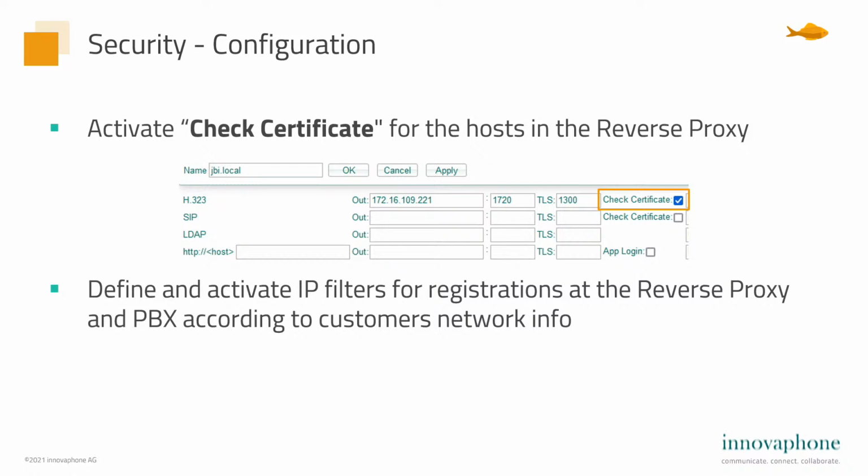It's important that you check it, because if you don't check it on the reverse proxy, but you check assume TLS on the PBX, all of the devices will have unchecked access to your PBX, because on the reverse proxy the authentication is not checked, and also on the PBX it is not checked, because the certificate from the reverse proxy to the PBX is always the same. It's the certificate from the reverse proxy and not the device itself.